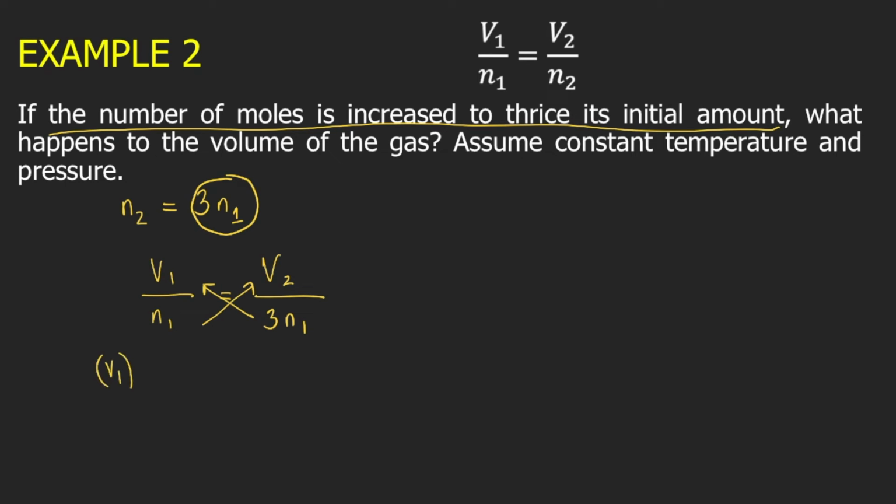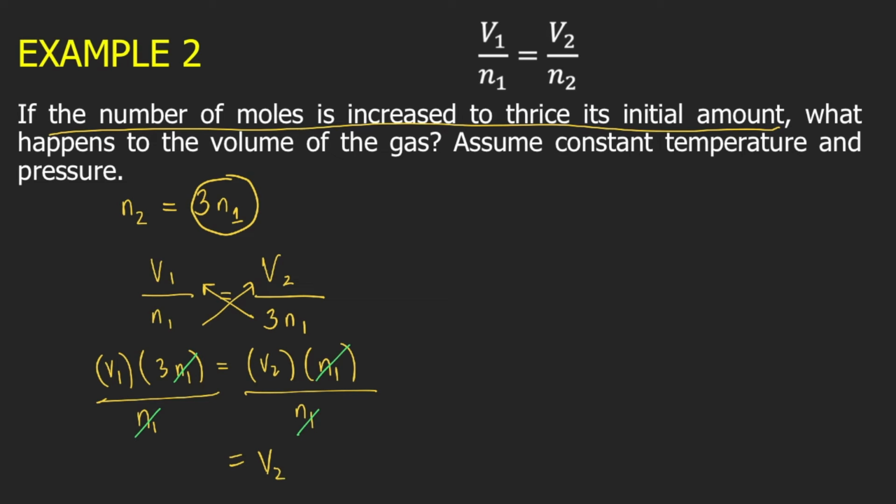So this becomes V1 times 3N1 equal to V2 times N1. If you divide both sides by N1, N1 cancels on the left side and on the right side. What is left on the right side is V2, and what is left on the left side is V1 times 3, which is 3V1. So this is the answer to the question.